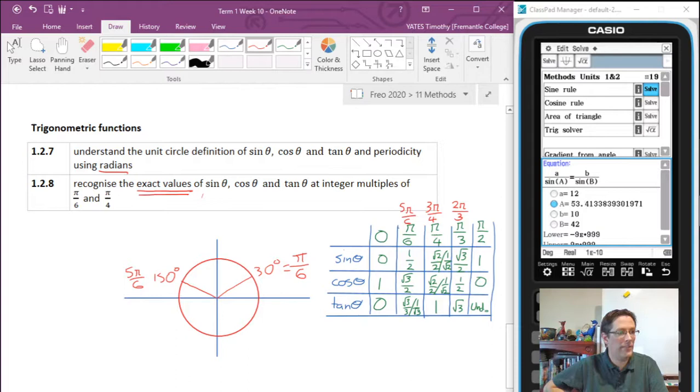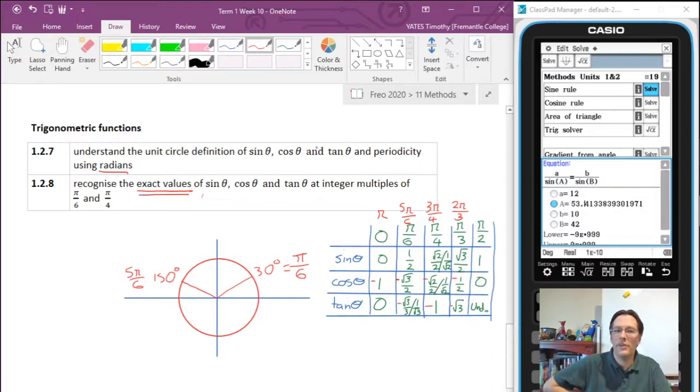In each of these cases, the sine doesn't change, but our cosine will change. And our tan obviously changes as well. So those are ones that we have to think about. We may end up with situations where we've got angles greater than pi radians, or 180 degrees, and we'll be looking at those next term.